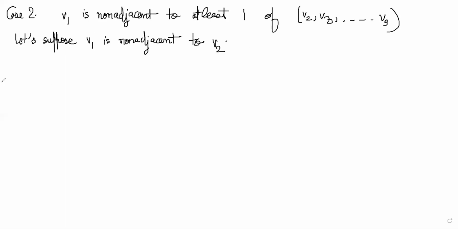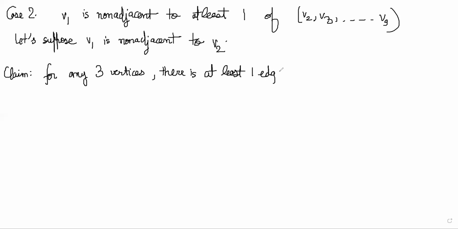My claim is, for any three vertices, there is at least one edge joining them.